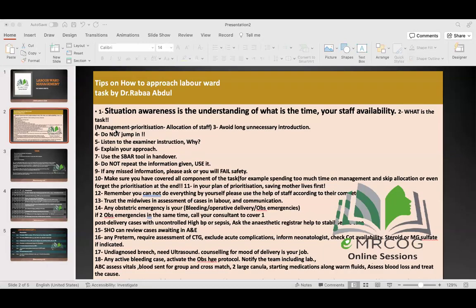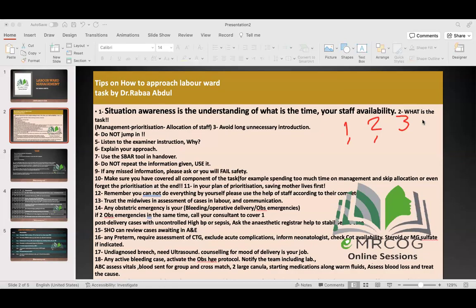Sometimes he will ask you the 3 parts: management, prioritization, and allocation of the staff. Sometimes not. Sometimes he will ask you only management and prioritization. Sometimes he asks you management and allocation of staff, and maybe to divide the tasks into urgent, semi-urgent, and non-urgent. Okay, so whatever is written to you, please follow it.